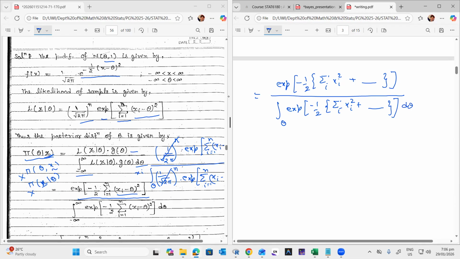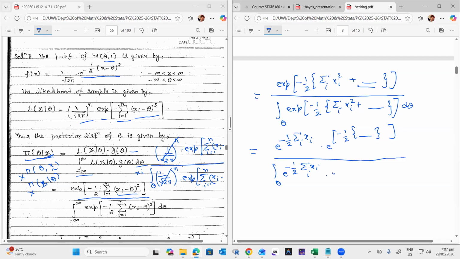Because it is in the power of e, can I write it as e raised to the power minus 1 by 2 summation over the range of i xi square into e raised to the power minus 1 by 2 and this remaining thing here, divided by integral over the range of theta e raised to the power minus 1 by 2 summation xi square over the range of i into e raised to the power minus 1 by 2 and the remaining thing d theta. Can I write it or not?